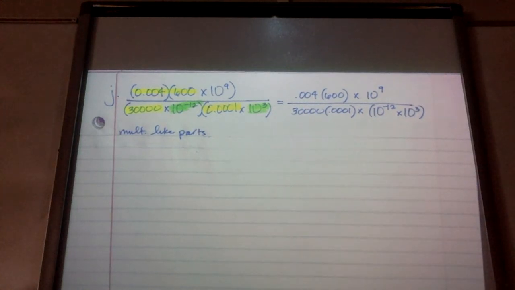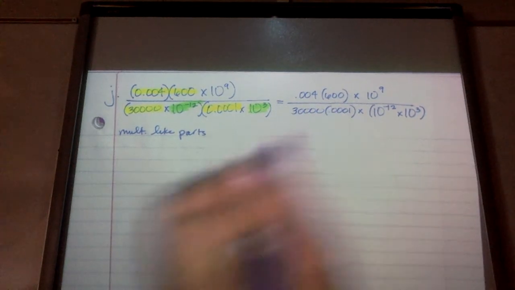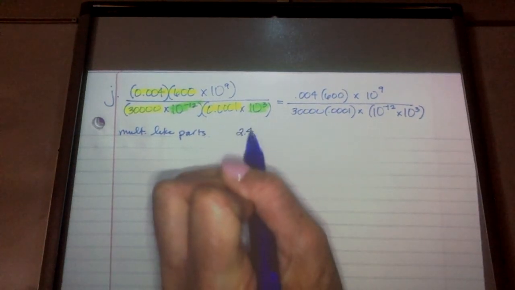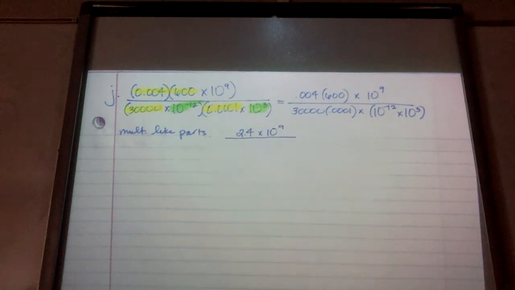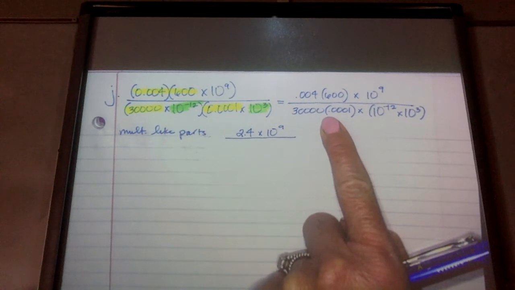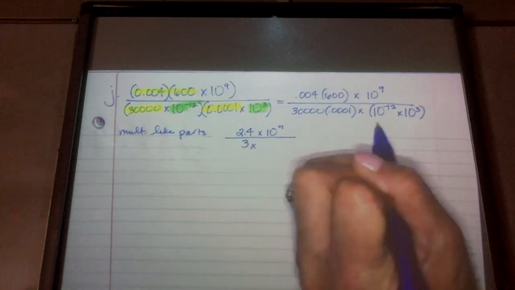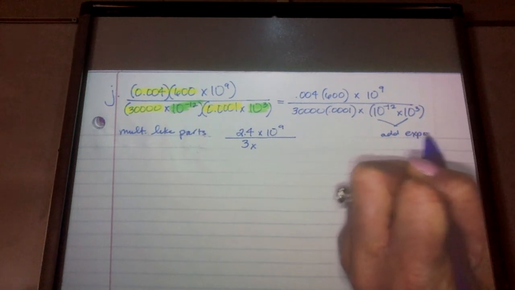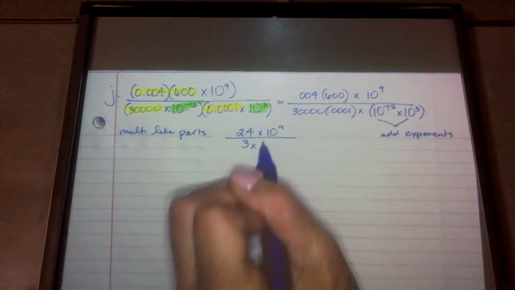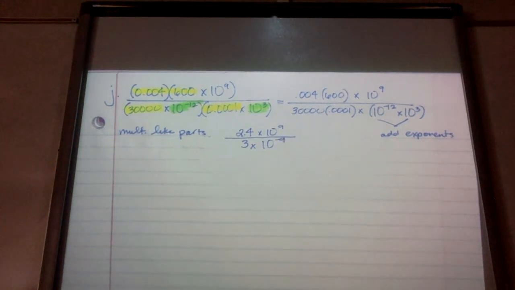So on the top, 0.004 times 600 is 2.4, and now I have times 10 to the 9th. On the bottom, you would enter 30,000 times 0.0001, and I got 3. And then right here, remember, we're going to add exponents. So negative 12 plus 3 is negative 9.